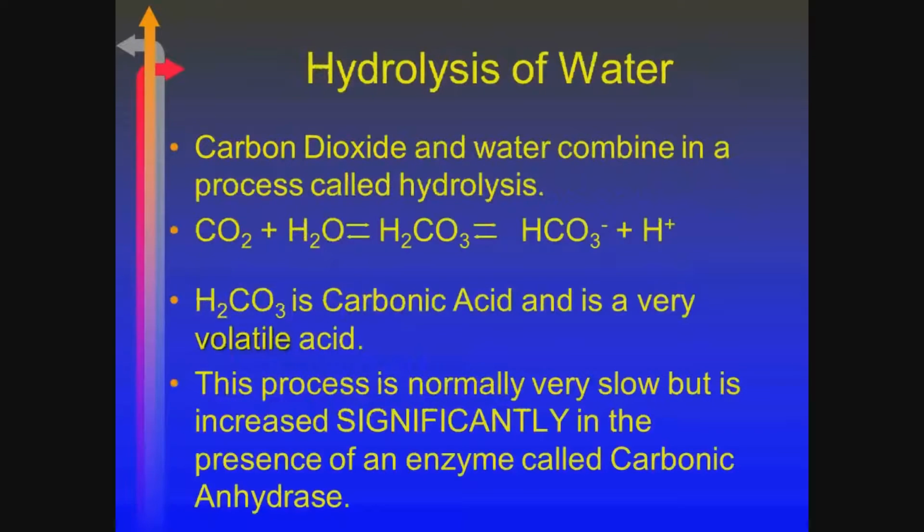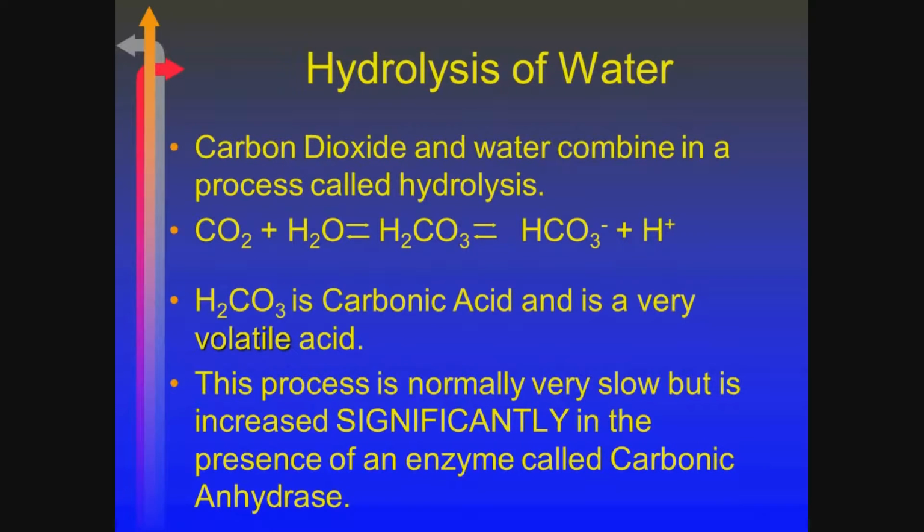First of all, there is a chemical reaction that occurs when CO2 is in the presence of water, and it's called the hydrolysis effect. CO2 and water form this intermediate substance called carbonic acid.